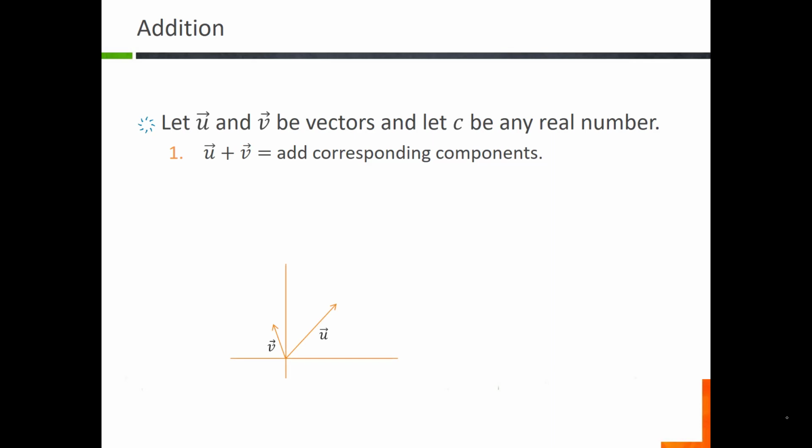Visually, if we wanted to see graphically how we add two vectors, let's look at a very generic example. Say we have two vectors u and v, and we'll both draw them starting at the origin. U points into the first quadrant and v points into the second quadrant.